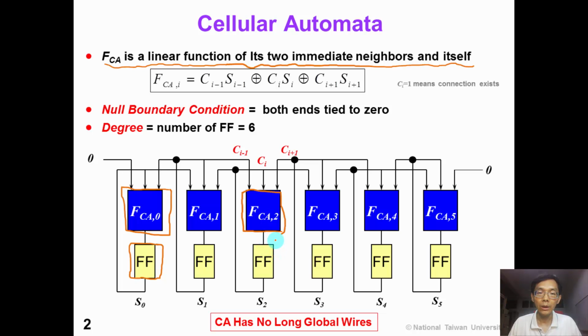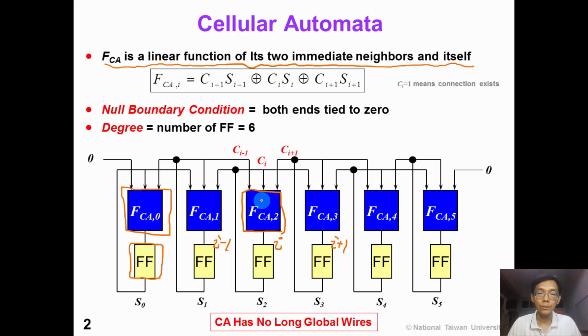Suppose this cell is numbered i, then its left neighbor would be numbered i-1. Its right neighbor would be numbered i+1.